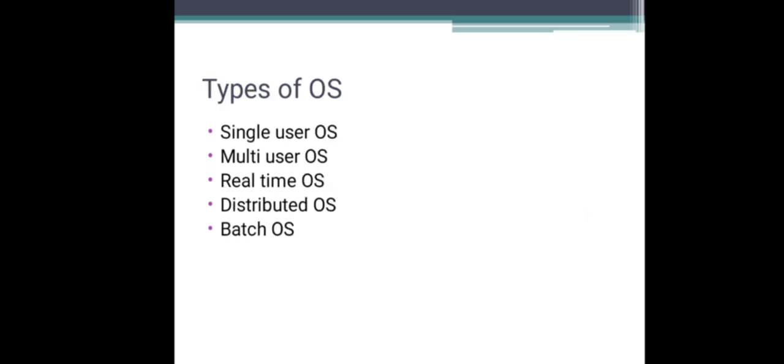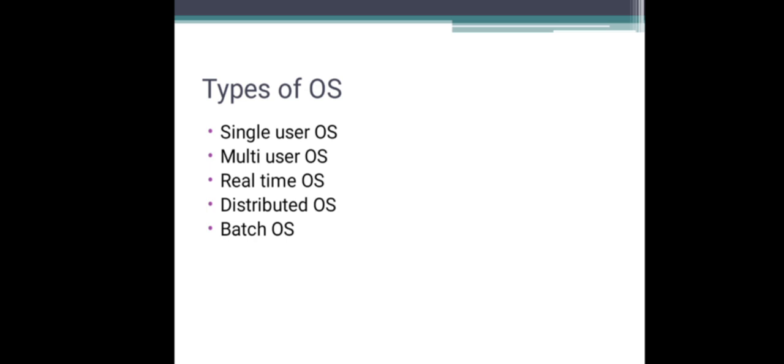Now, what are the types of OS? There are five basic types of operating system. Single user operating system is the most popular category we are using nowadays, and Windows is an example of this. On this operating system, one user can work at a single time. Multi-user operating system allows multiple users to connect and use a single operating system at any given time, and examples are Unix and Linux.